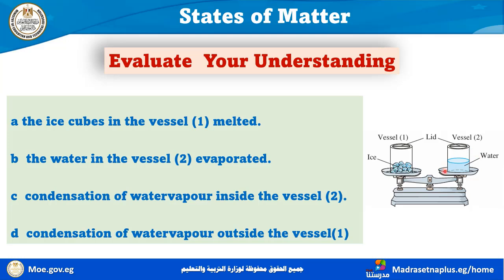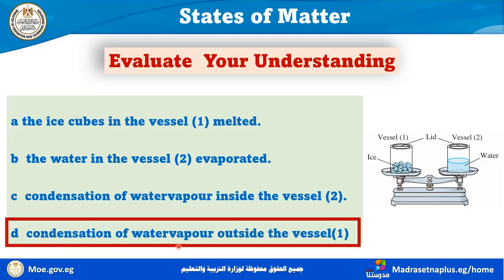The water in vessel 2 cannot evaporate because the vessel is tightly closed, so B is also a wrong choice. What about C? Condensation of water vapor inside vessel 2 cannot take place also because the vessel is tightly closed. So our choice will be D.